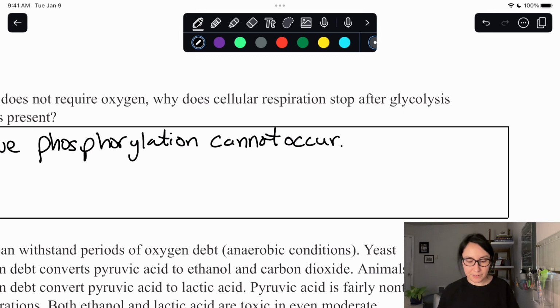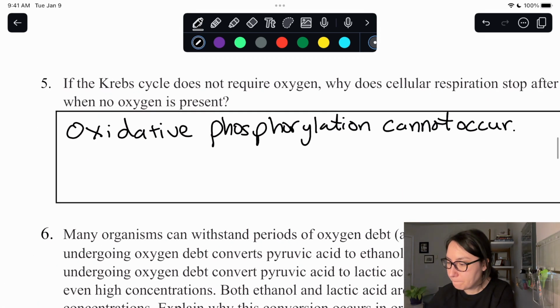So that's the major one. The other major thing is that NADH cannot be oxidized.